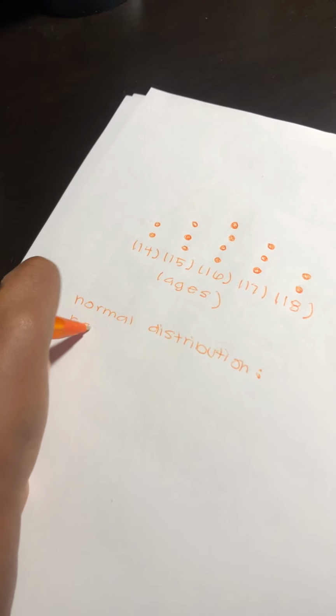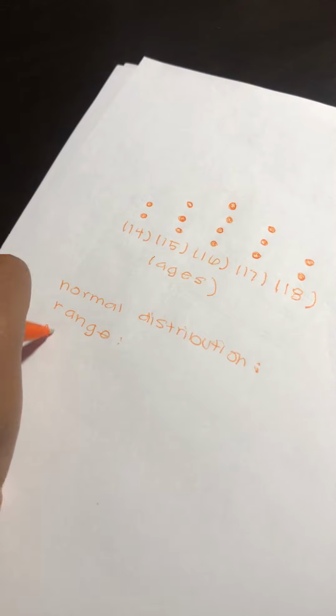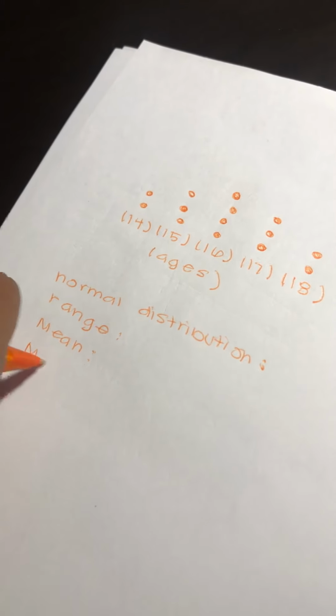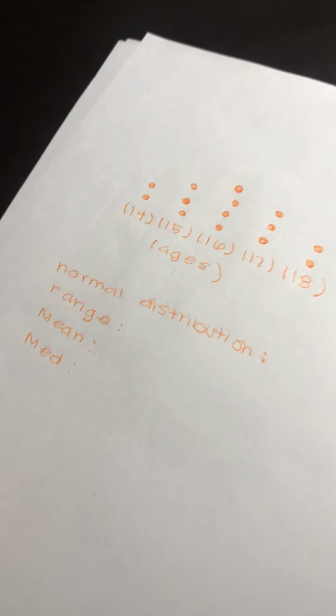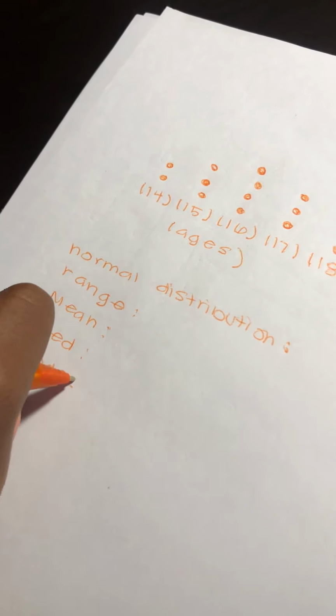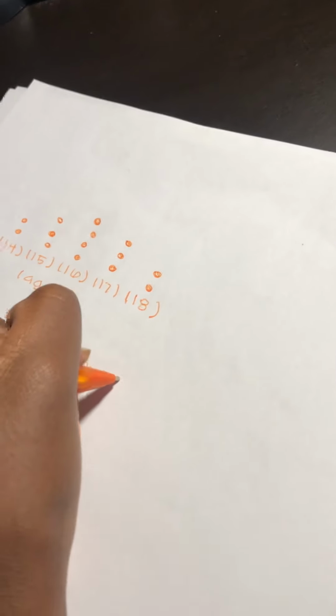Its range, the mean, median, mode, and standard deviation. For this dot plot, the distribution is normal.